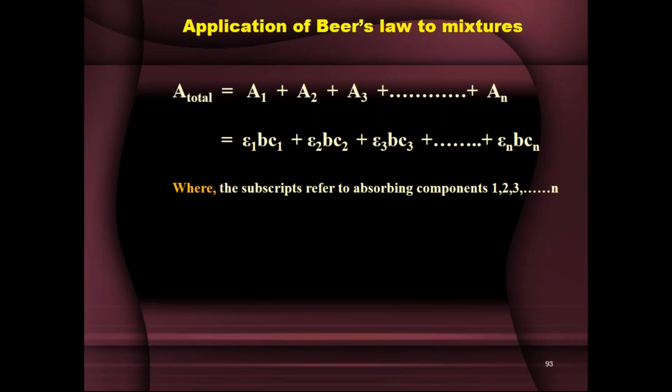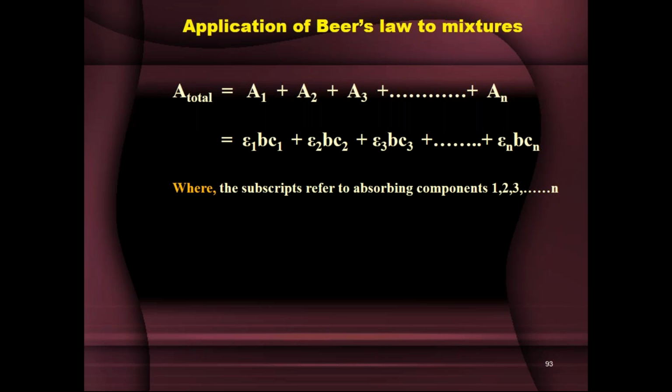So in other words, we always say absorbance is proportional to concentration. If absorbance is proportional to concentration, then if we measure the absorbance, we can calculate the concentration of an unknown solution. So that's the application of Beer's law to a single component sample.